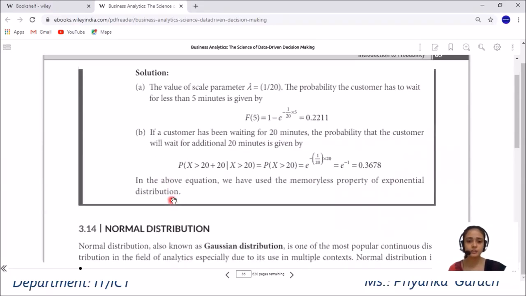It means you use the memoryless property of the exponential distribution, that is, the probability of x greater than 20 plus 20, given x greater than 20. So just put in the formula and the values. You will get the final answer as 0.3678.